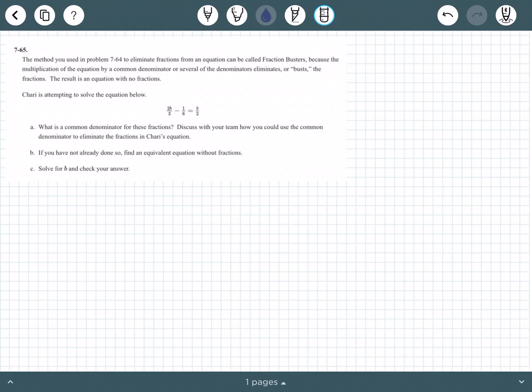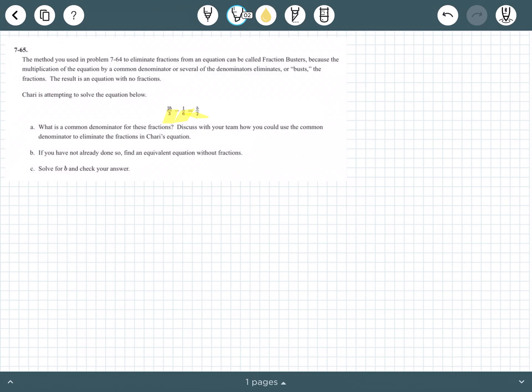What is a common denominator for these fractions? Discuss with your team how you could use the common denominator to eliminate the fractions in Chari's equation. So if we are looking for a common denominator, I see right away that we have denominators of 3, 6, and 2.